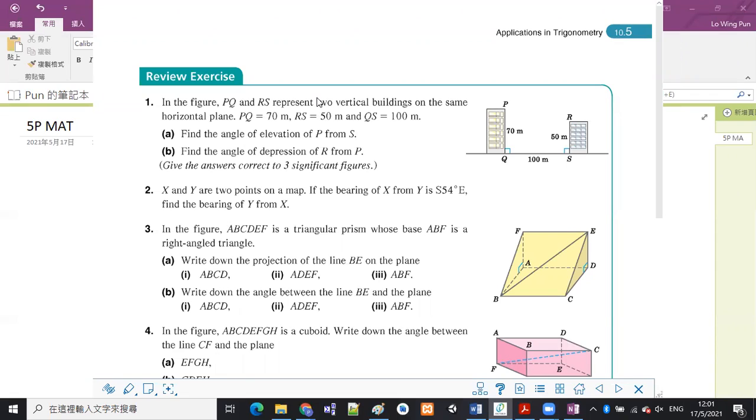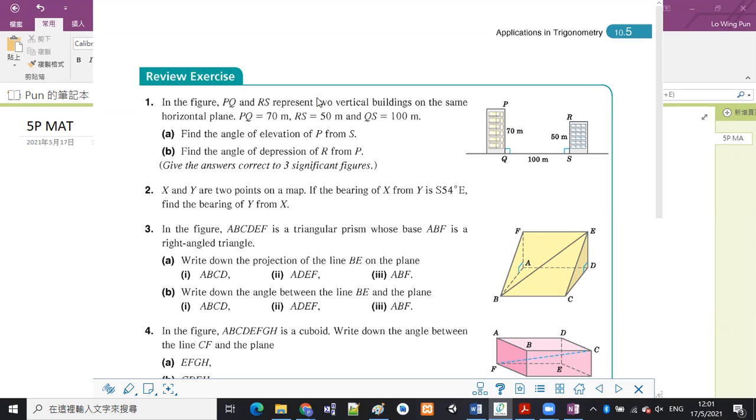Okay, in question one, we are going to learn about the angle of elevation. I'm trying to teach you one more time. What is the meaning of angle of elevation that you have learned in Form 3?